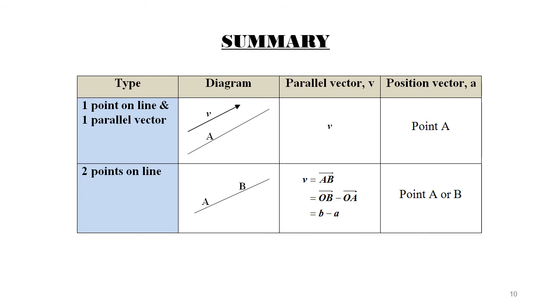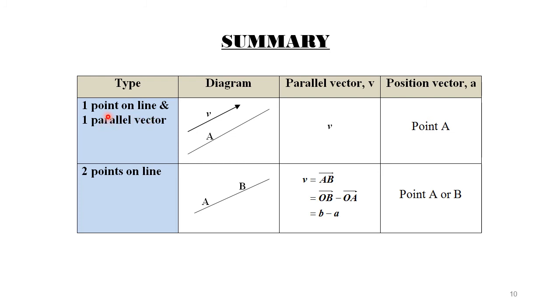Right. So next, after we discuss the three forms of equation of a straight line, here we will summarize how we form the equation. So remember, later in the next video we discuss how we find the equation of the straight line. So this is the point you have to use in order to solve and find the equation in the next video.